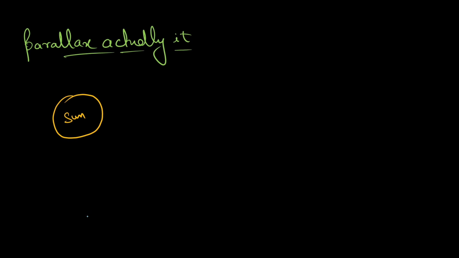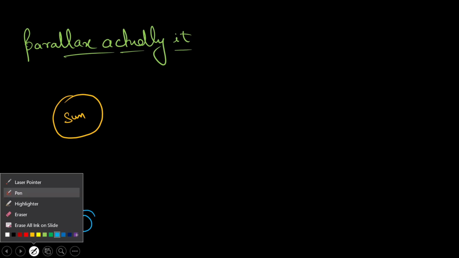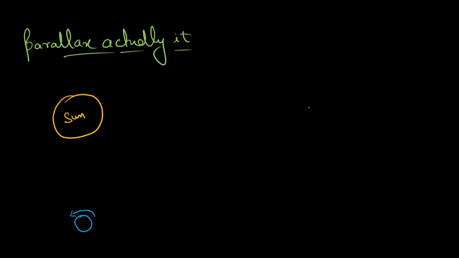We are to pretend that we are looking from above the solar system, so the earth will be rotating in this direction right over here. And let's say the star that we care about is right over here.